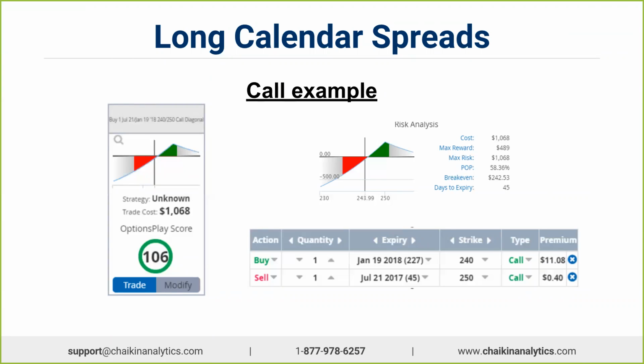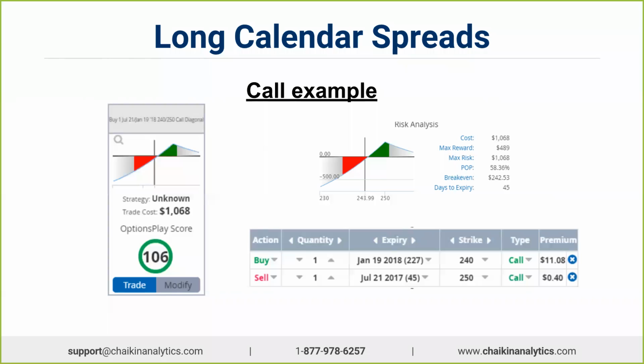In this example, I would have needed about $1 on the sell side in order to make this worthwhile. Again, the difference between the strikes is 10. The difference between the 240 and the 250 strike is a 10 spread. So I want the premium that I'm paying in total to be less than the spread in total.